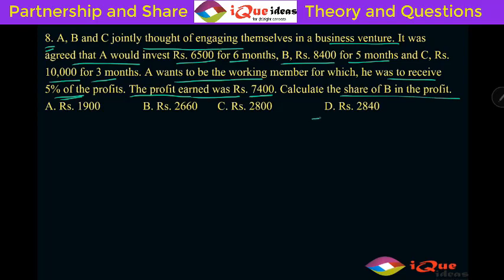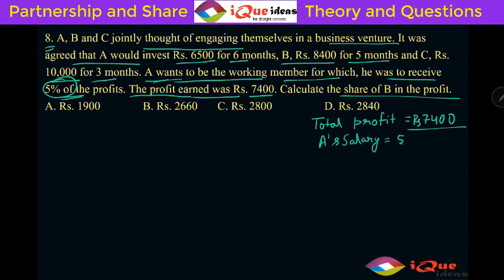So first of all, let's do one thing. Total profit that is given is 7,400. Out of this 7,400, 5% goes to A's salary because A is the working member. So clearly A's salary, not A's total share, A's salary only, right? That is equal to 5% of 7,400.